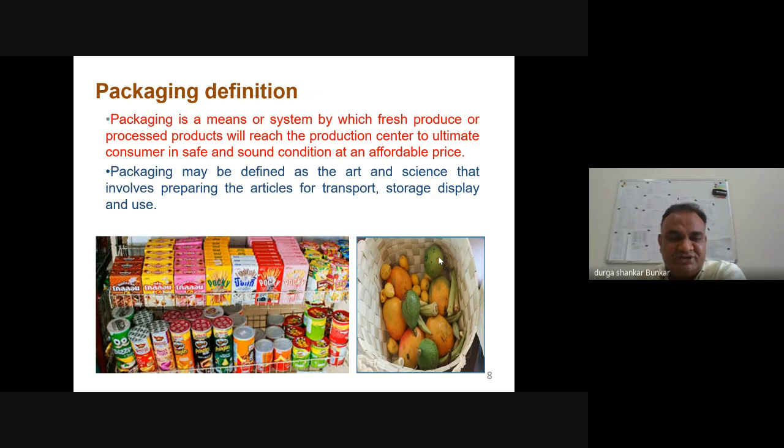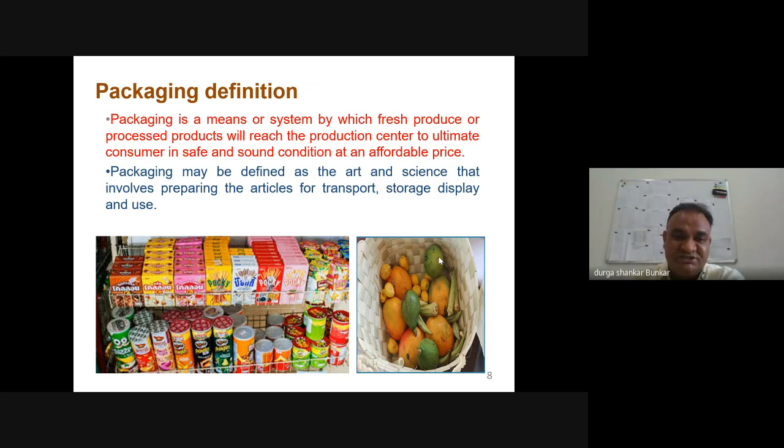So ultimately, we can define packaging as a means or a system by which fresh produce or processed product will reach from the production center to the ultimate consumer in safe and sound condition at an affordable price. So it sums up with price also. Definitely, price is a factor, so we have to consider it.